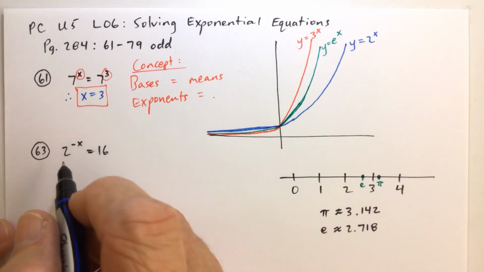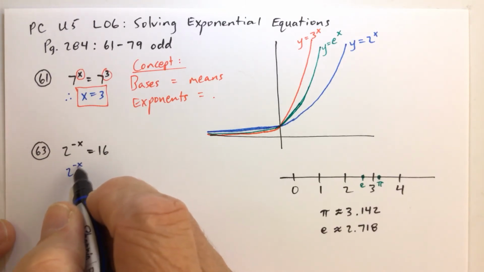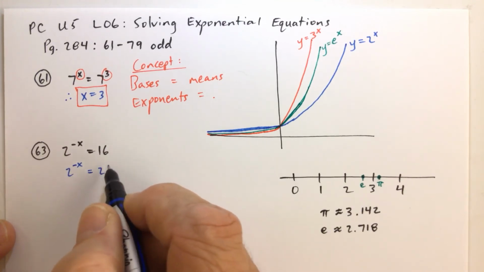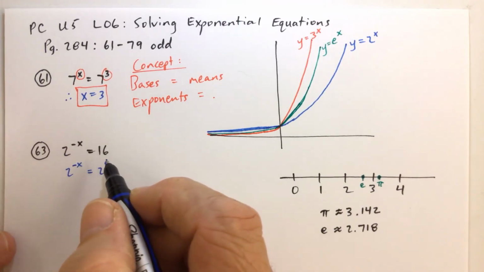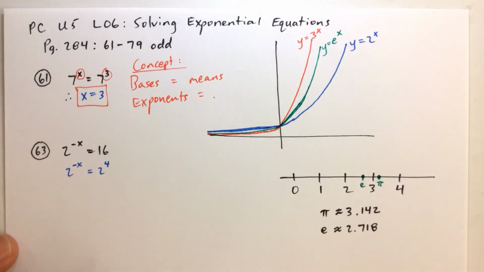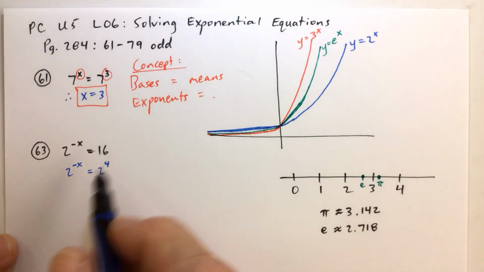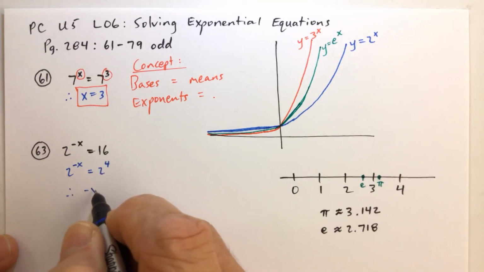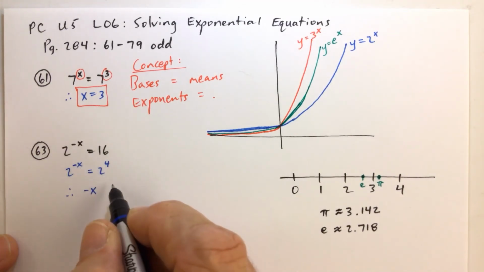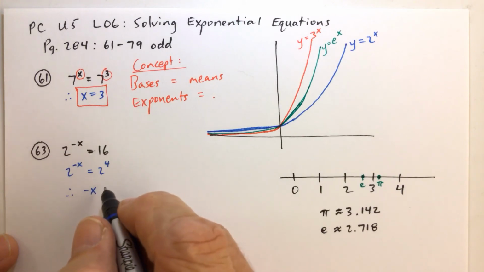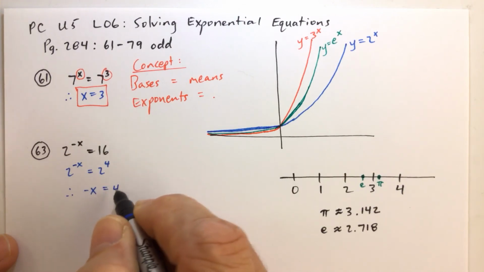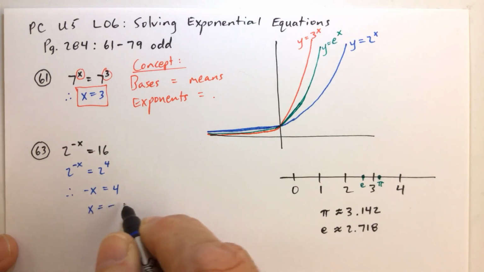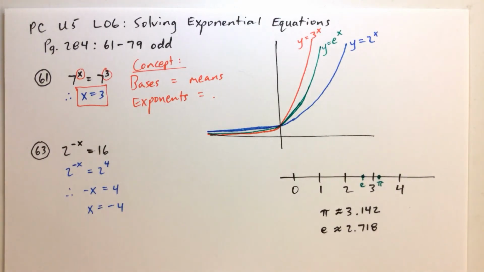The right side is 16, but if we know our powers of 2, we would know that 16 can be rewritten as 2 to the 4th power. Once we do that, now we have bases equal means exponents equal. So therefore, the opposite of x, the exponent on the left side of the equation, is equal to the exponent on the right side of the equation. When we multiply or divide by -1, we see that x is equal to -4. That's it.